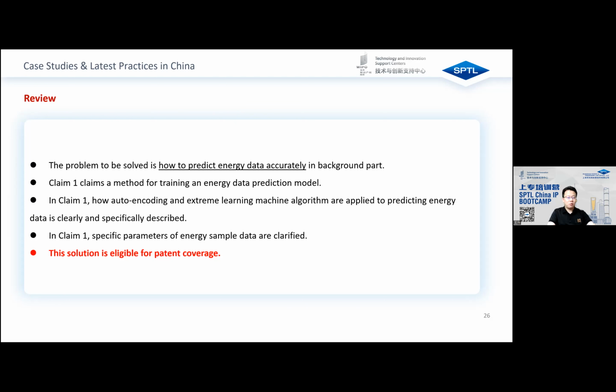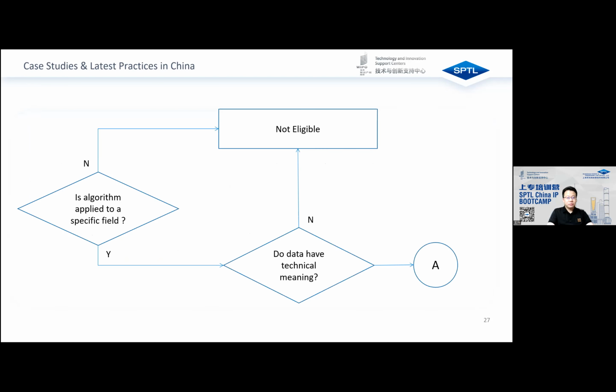Further, in claim 1, specific parameters of energy sample data are clarified. Thus, this solution is finally considered as being an eligible one for patent coverage.